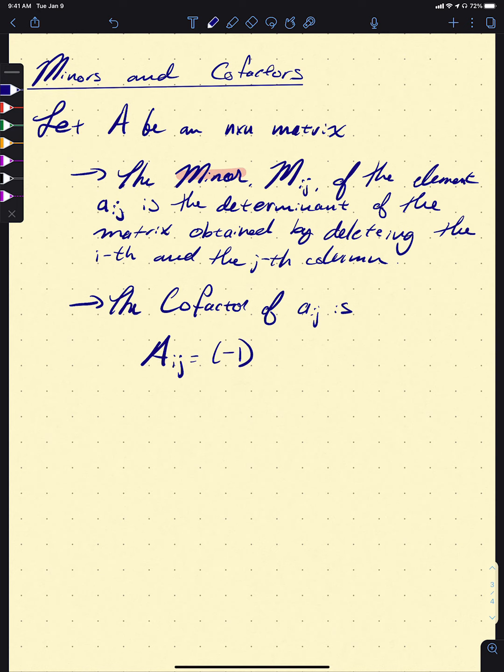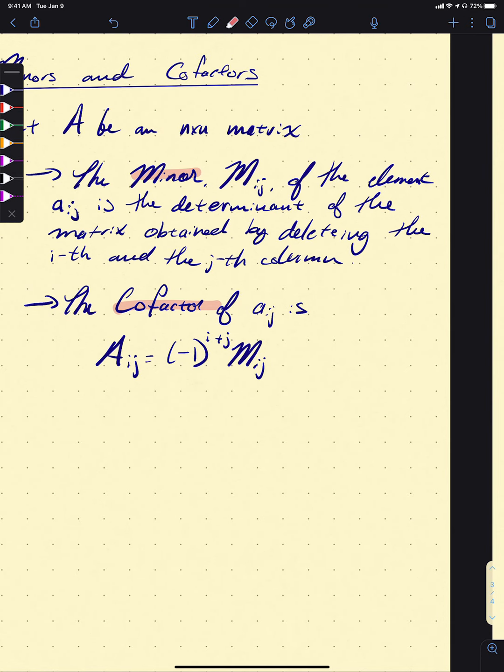It's going to be -1 to the power of i plus j times the minor of this element ij, okay? So I know that that's strange, and these will directly come up and show us how to compute determinants.